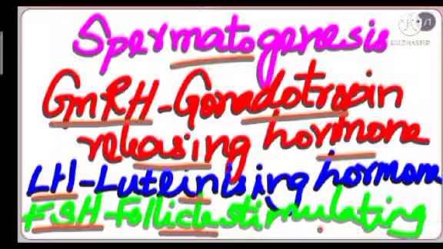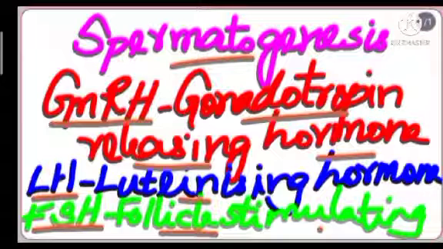Okay, so FSH acts on Sertoli cells and stimulates them to secrete some factors which help in the process of spermiogenesis. So for spermiogenesis to take place, certain factors are essential, and these factors are secreted by the Sertoli cells when they are acted upon by FSH.